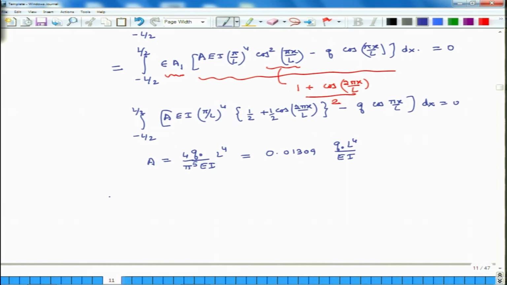Okay. So, W naught is 0.01309 cosine pi x over L. And what is its amplitude? Its amplitude is 0.01309, which has to be multiplied by q naught L4 over EI. So, its amplitude is 0.01309 times q L4 divided by EI.